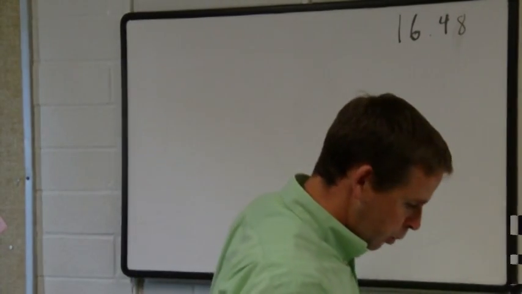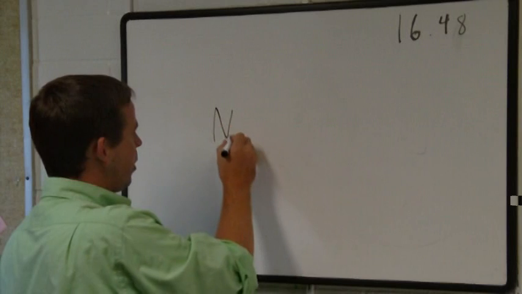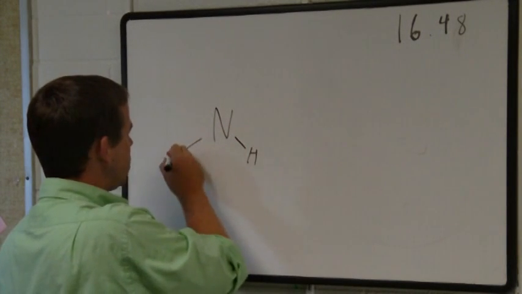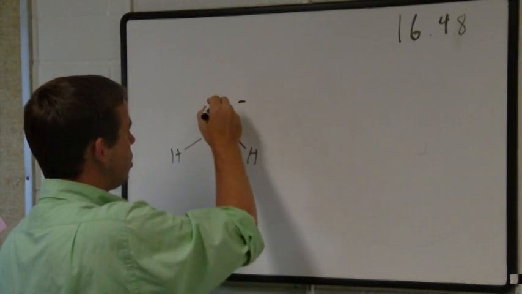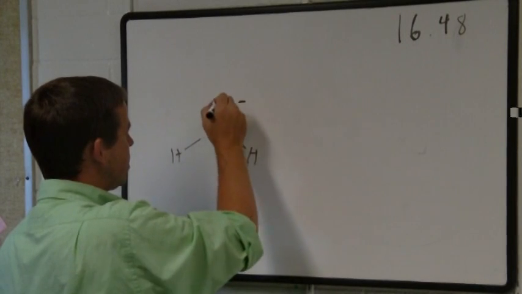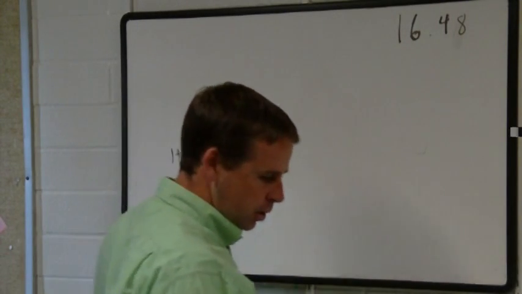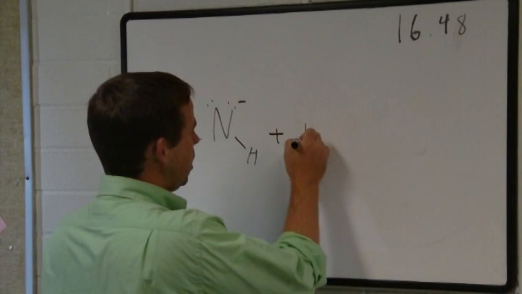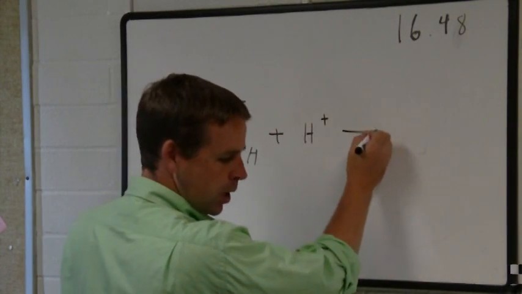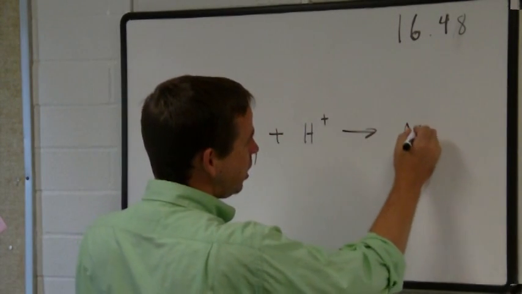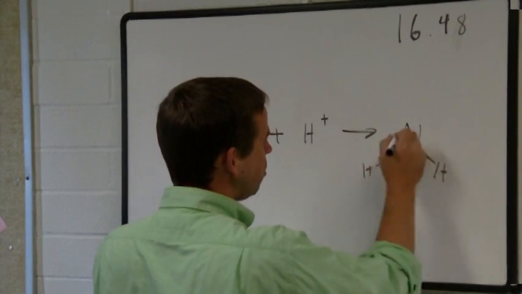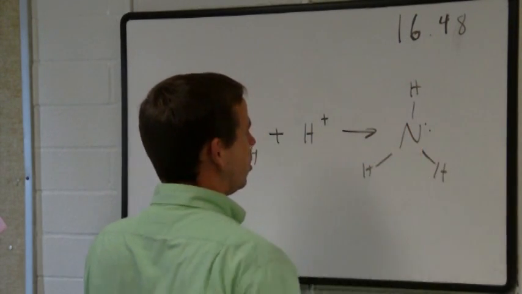Okay, we want to identify what happens when we have NH2 with a minus charge. So 1, 2, 3, 4, 5, 6, 7, 8. That's what that looks like. Plus an H plus ion, and the product is going to be NH3, right?